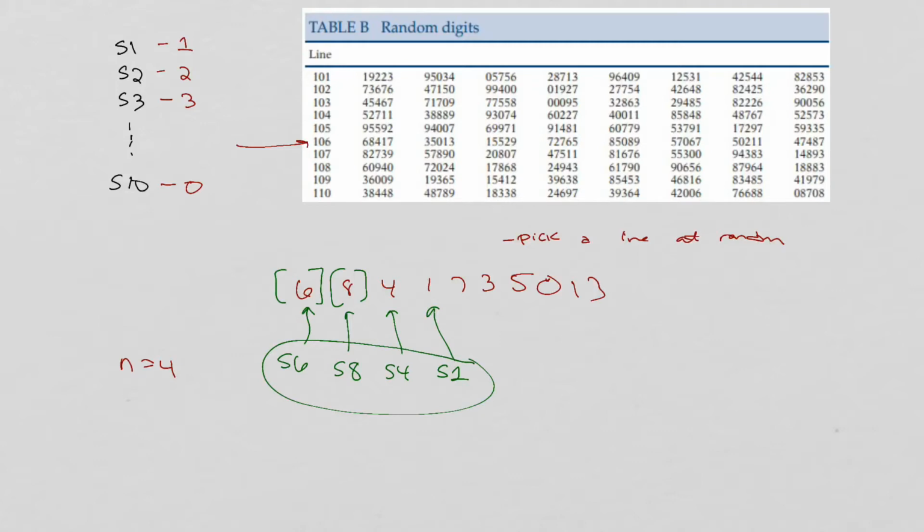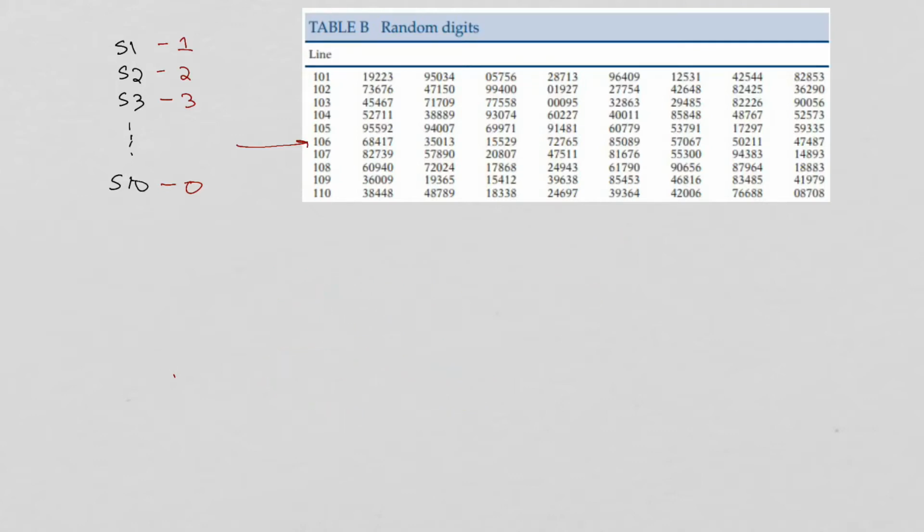Now again, that's an easy one, where if we have 10 people, we give them all just individual digits and move on. What if we don't have something that's quite as nice and neat as that? Let's assume that we have 12 students.